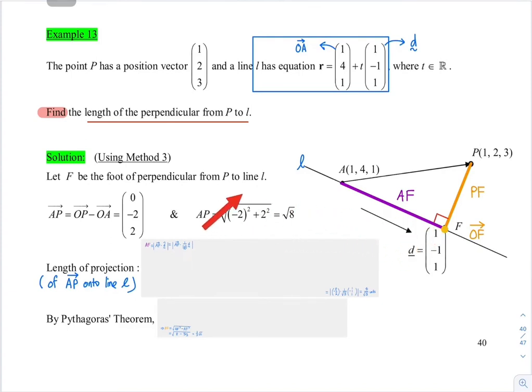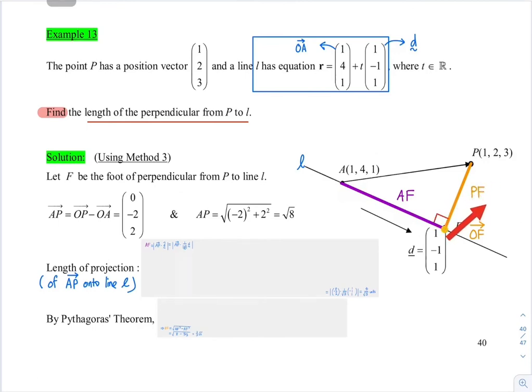In this solution, we are going to use method number 3. Method number 3 is using Pythagoras theorem. If we look at this particular setup, this is a right angle triangle, and because this method uses the Pythagoras theorem, we are going to look at the hypotenuse squared equals this side squared plus this side squared, and this side squared will give us the length of PF squared.